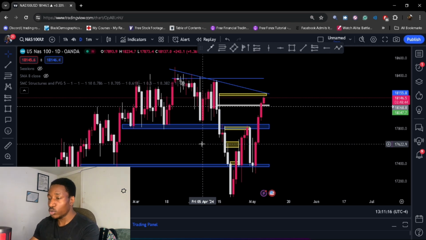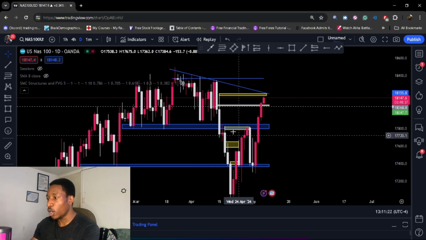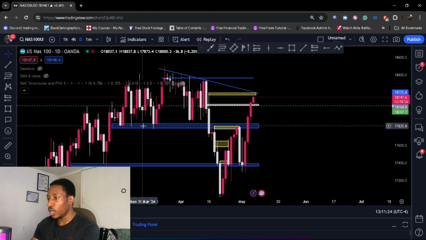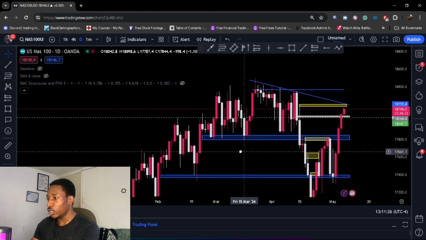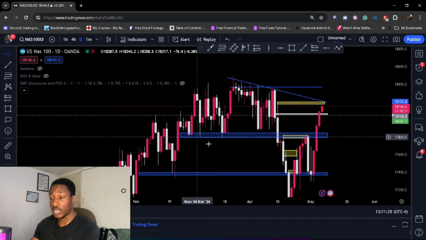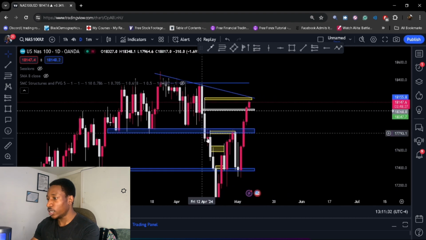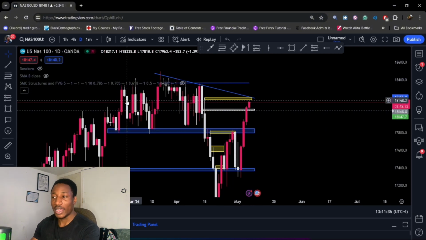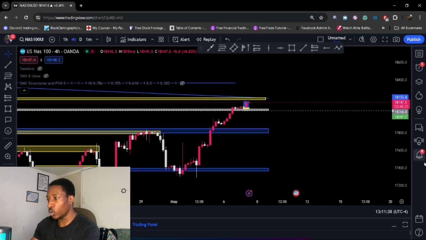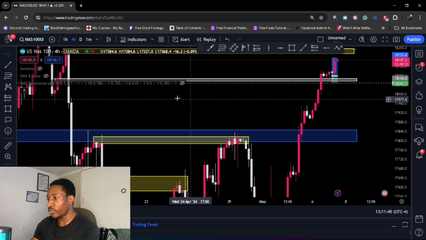And the blue signifies the daily time frame, the yellow signifies the 4-hour time frame, and then the white signifies the 1-hour time frame. So in this particular case here, there was this daily support right here, which turned to resistance. As you can see, price came here, tested here, tested here also, and then of course it came back to retest. And what do you expect?